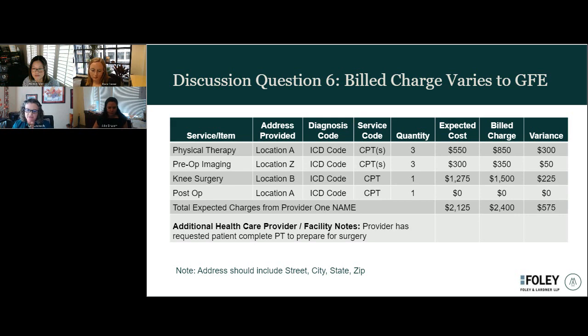All adds up to $575 greater than that. And that is greater than $400 and that means that the patient could dispute the charge. But it isn't by the individual line at this point, but it will when you go to PPDR. So we'll go to the next slide.